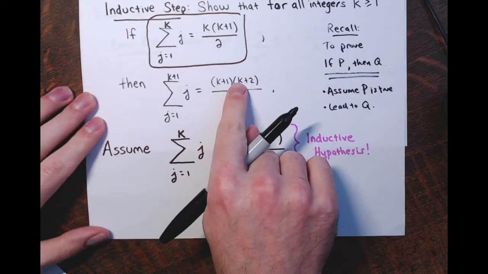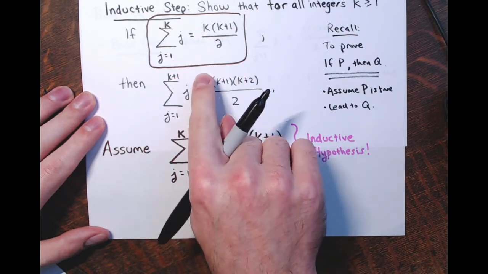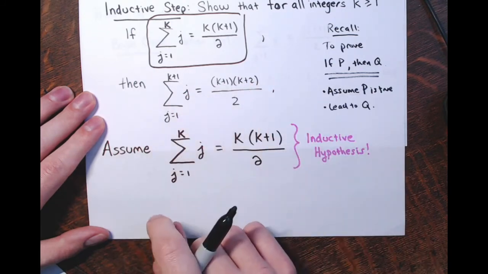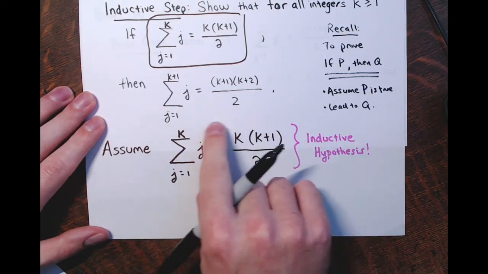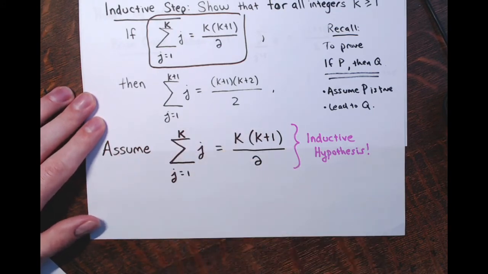So if I'm trying to show that the statement is true for n equals k plus 1, I'll start with one side and show that it's equal to the other, eventually using our hypothesis at some point, using what we're assuming to be true, this inductive hypothesis.